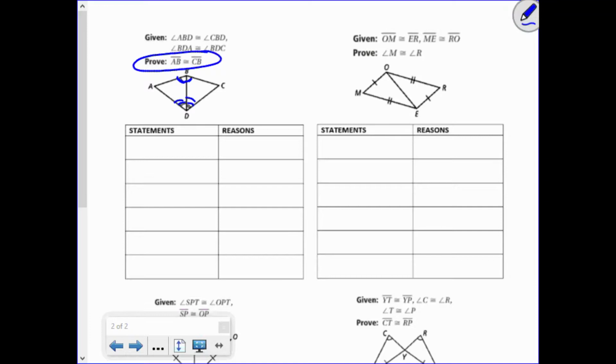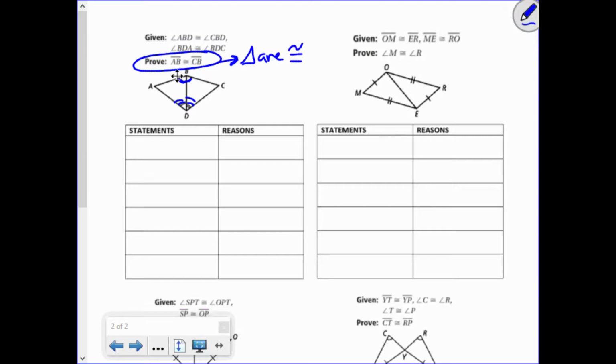Everything on the previous page, the front side, those were big picture proofs, so I was just proving that the triangles were congruent. I think all the proofs on this side of the paper are small picture proofs, where you guys are trying to prove that parts of the triangles are congruent. Before you can say that, you first have to prove the triangles are congruent.